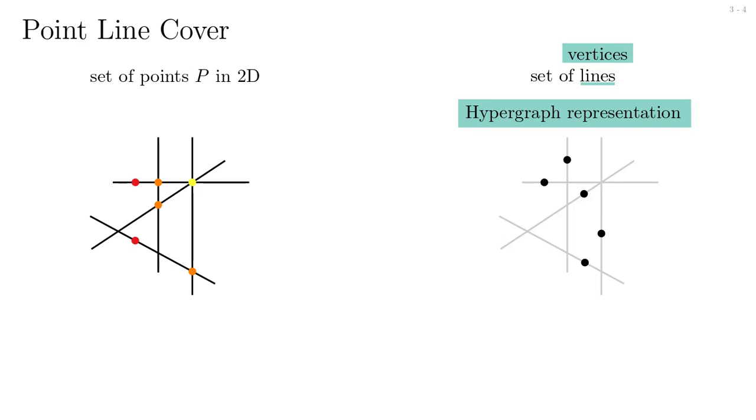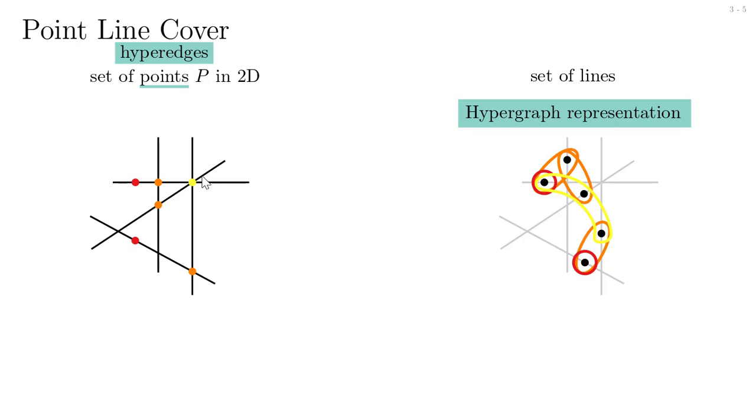The set of lines are the vertices, and the set of points are hyperedges that contain these vertices. In this example, this yellow point lies on these three lines, which are represented by these three vertices in the hypergraph that are inside this yellow hyperedge.